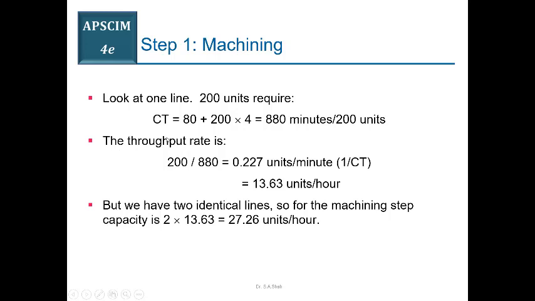And then once you have found the cycle time, you can easily find the throughput rate of this particular station, which will be the inverse of the cycle time. So it is 1 by cycle time.